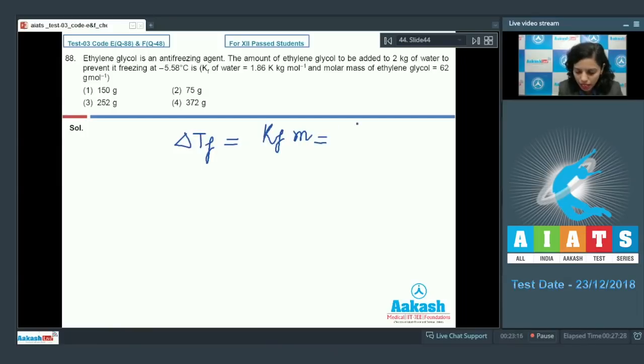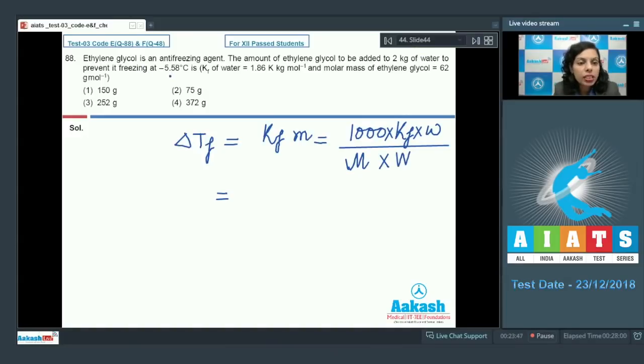This can also be written in terms of the weight of the solute, molar mass and weight of the solvent. So this is the formula that you can use here. Let's place the values here. The value of delta Tf we already know. In this case the freezing occurs at minus 5.58 degrees Celsius, and the solvent is water.